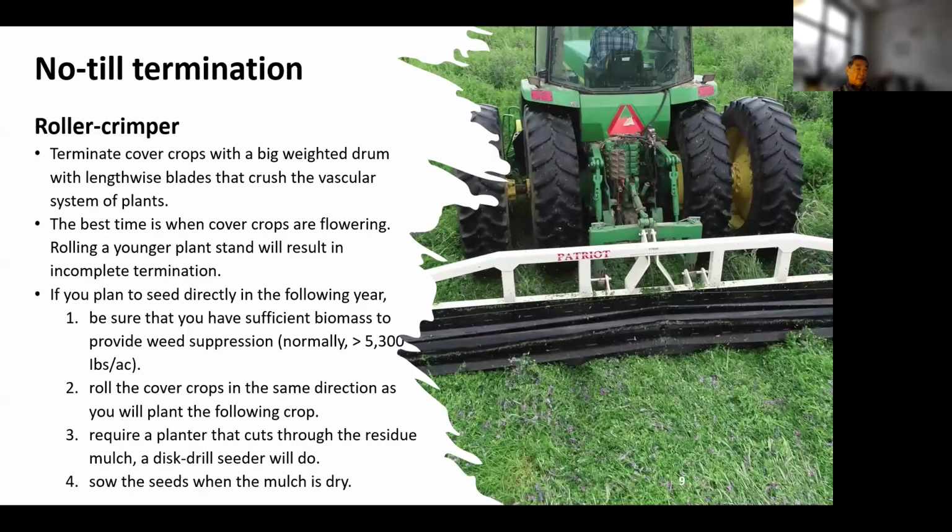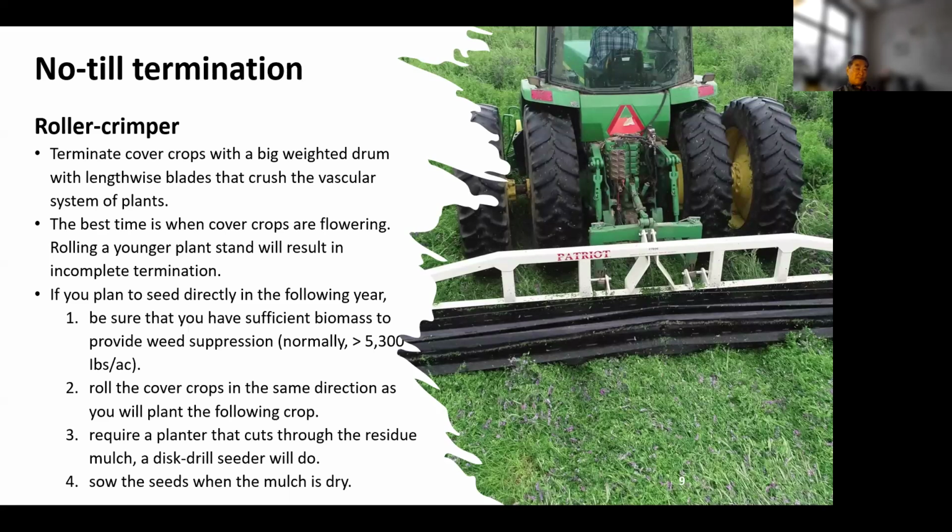Roll the cover crops in the same direction as you will plant in the next year, because that would help your seeder cut through the residual mat. It requires a planter that cuts through the residual mulch.